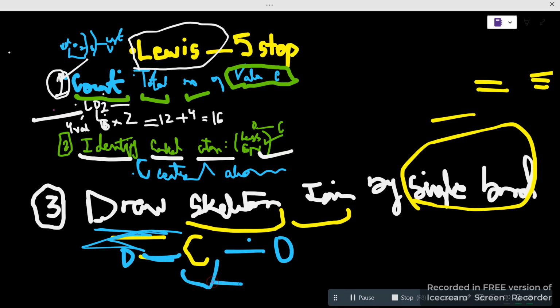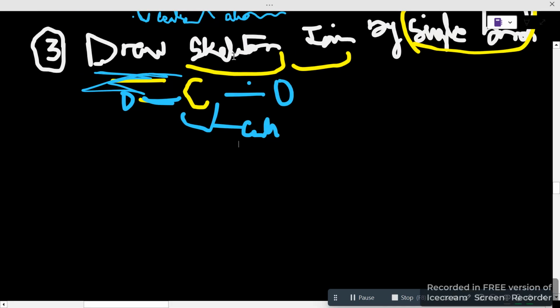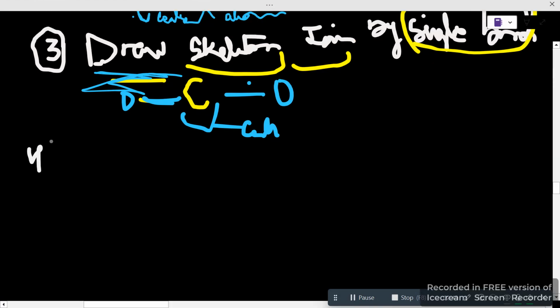A skeleton simply means a structure joined by single bonds. So you just attach oxygen at the sides of the carbon to complete it and show the Lewis structure. I'm sure you get this as well. So the third step is clear.